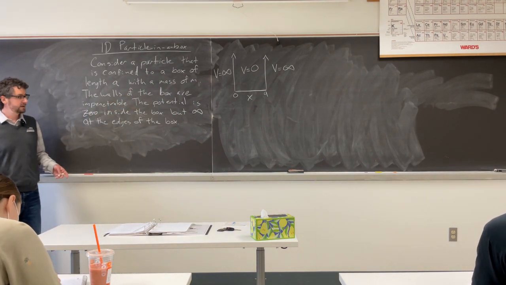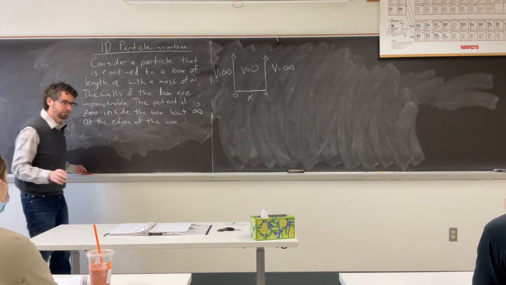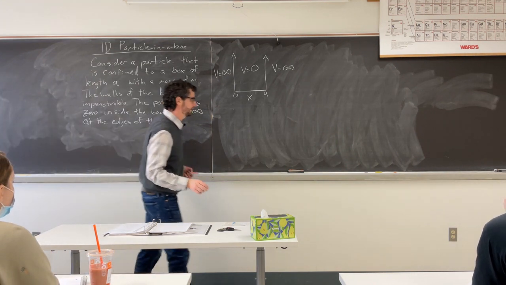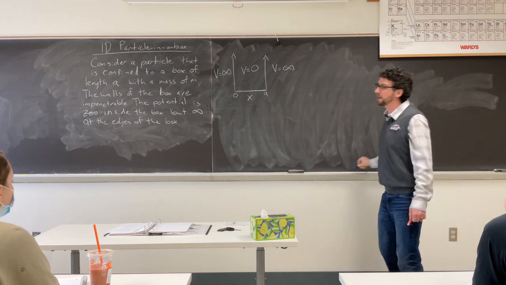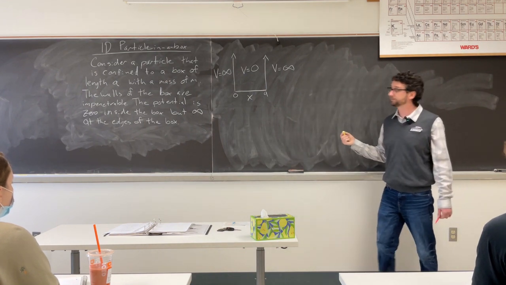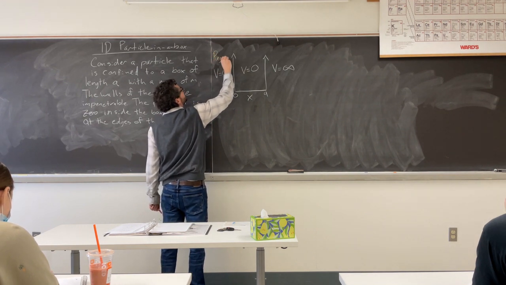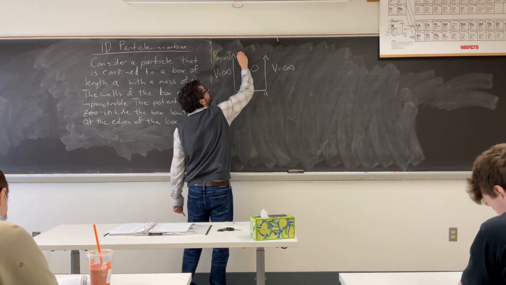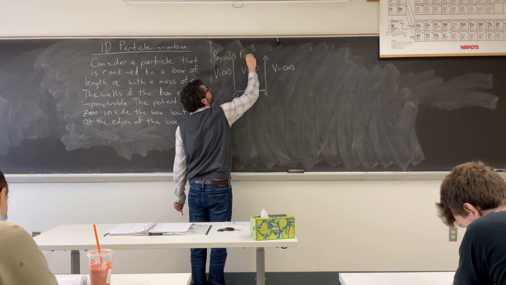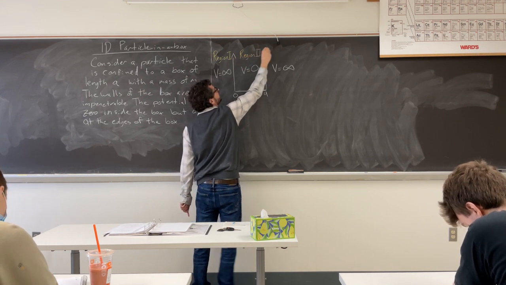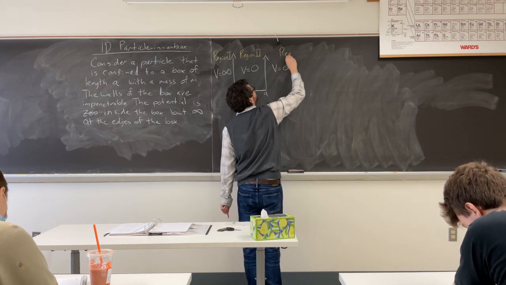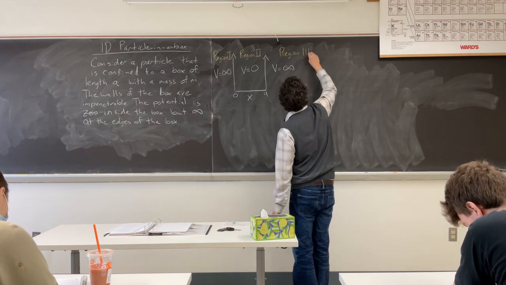We're going to call these different areas, sorry, I'm trying to look for my yellow pen, but I can't find it. There it is. We have 3 regions here: region 1, region 2, region 3.